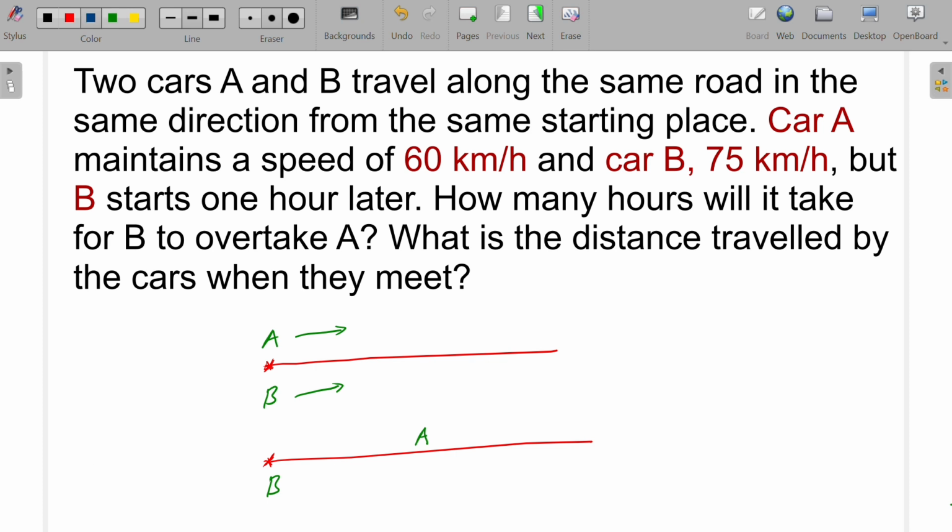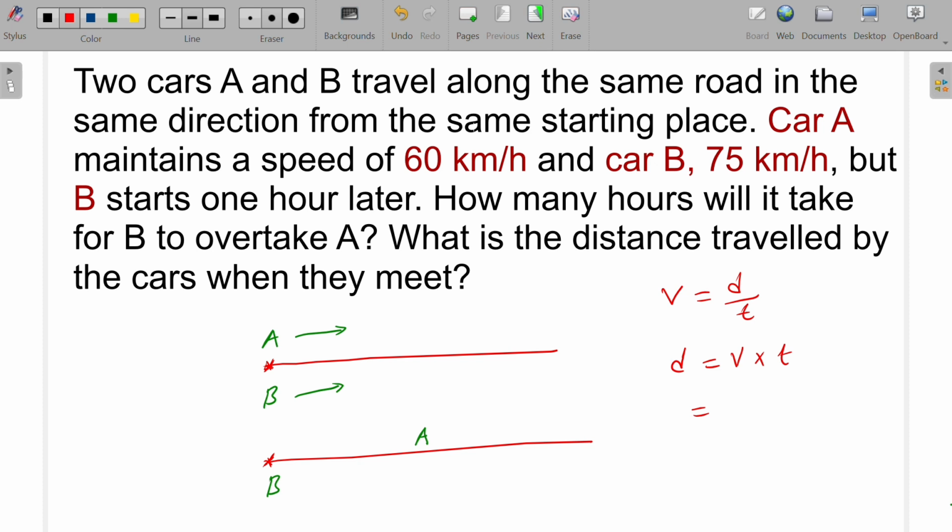So to find that distance, we're going to use a familiar formula that says speed, V for speed, is equal to distance divided by time. So this is the formula we're using, and making d the subject, we'll say d is equal to speed multiplied by time. And the speed we're talking about here is the speed of car A, which is given to be 60 kilometers per hour.